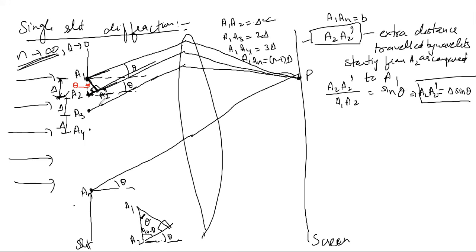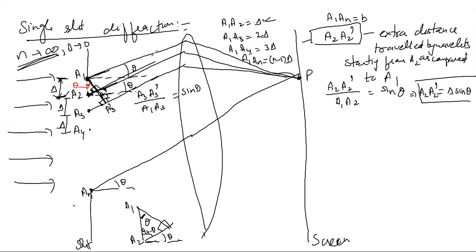Now, similarly, you can draw a perpendicular from A1 to A3. अगर आप A1 से A3 पे एक perpendicular draw करते हैं, and let's say it intersects the wavelets starting from A3 at A3 prime. ये एंगल तो अभी भी आपका थीटा है, right? I can still say that A3 prime upon A1 A3 is equal to sine theta.